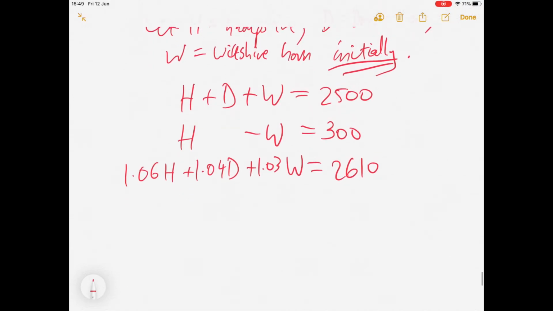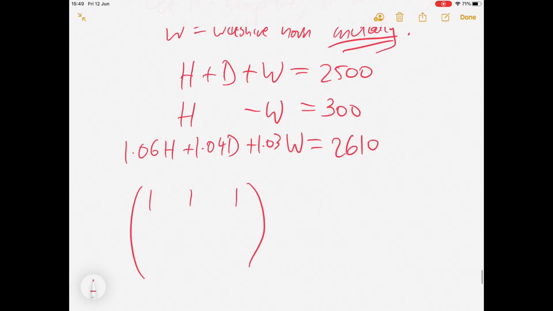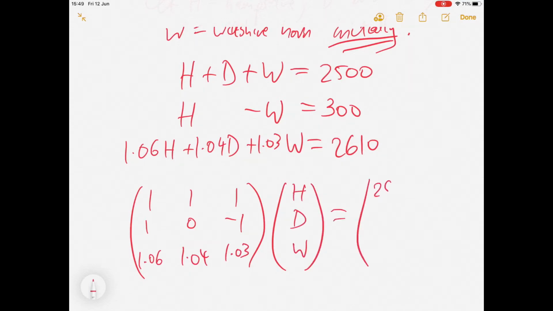And now we can form a matrix equation. We've got this matrix 1, 1, 1, 1, 0, minus 1. It's a 0 because there are no D in this second equation. And 1.06, 1.04, 1.03 times HDW equals 2,500, 300, 2,610.